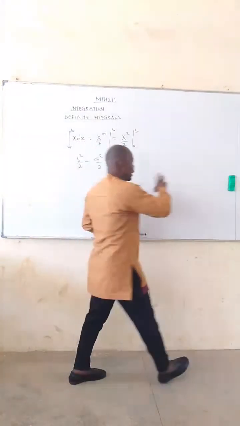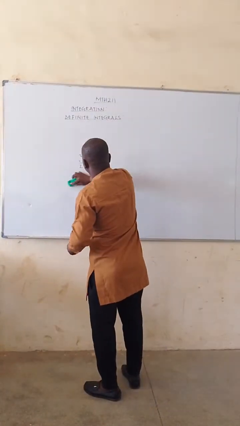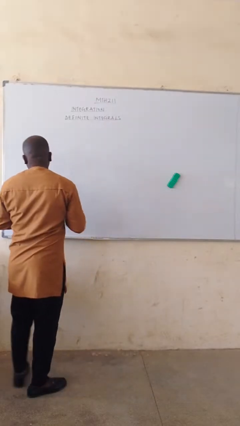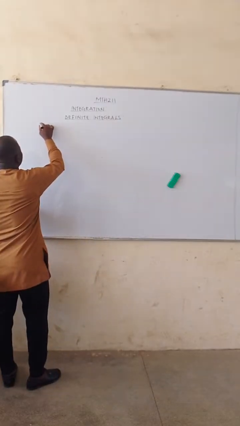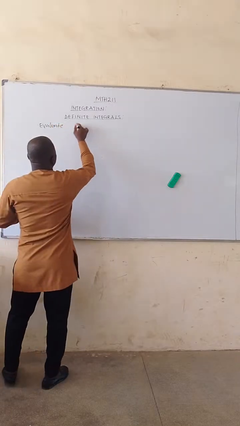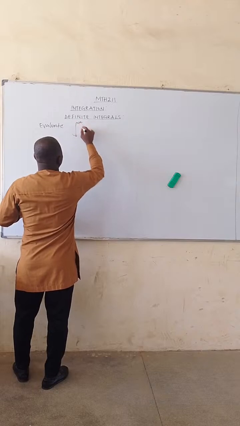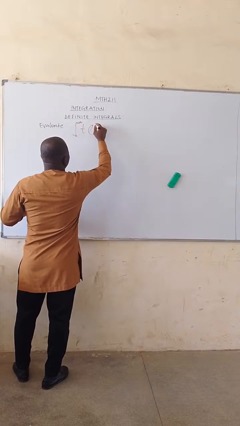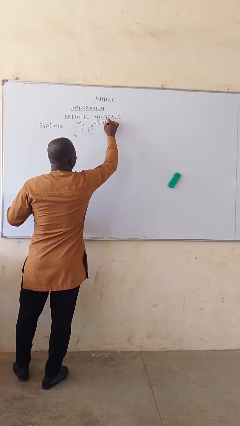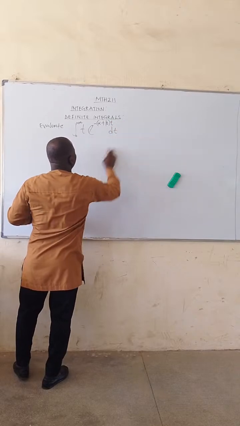So let's move further to consider examples of this form. Assuming you are asked to evaluate the integral from 0 to infinity of t exponential minus open bracket alpha plus beta times t, dt.